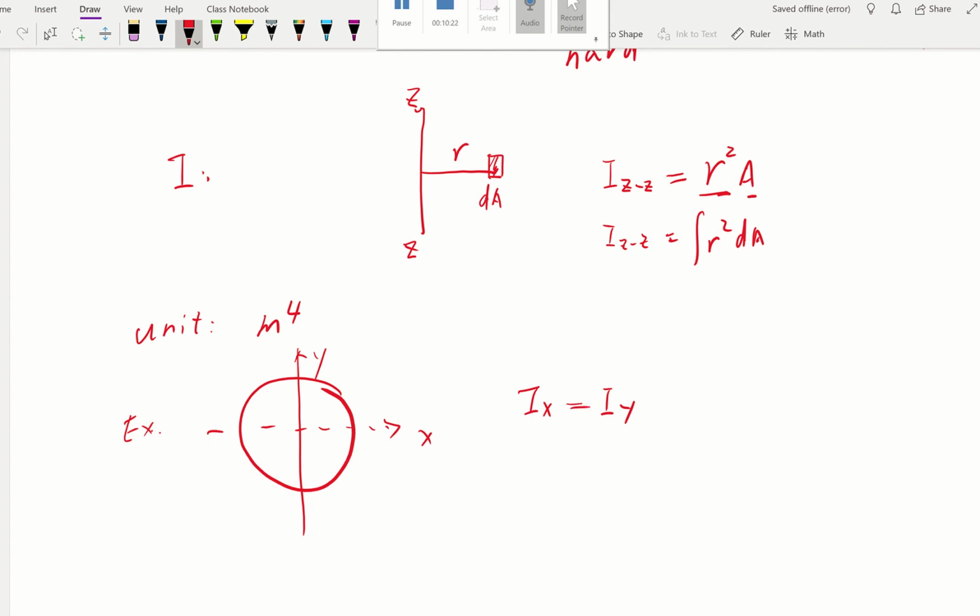They're equal, that's right, because regardless, you're going to have the same amount of area distributed away from either x or y. And using this fundamental equation, later on in statics, you will derive the formula for area moment of inertia. It's a half pi r to the fourth, where R is the radius. Okay, so those are the two common ones.